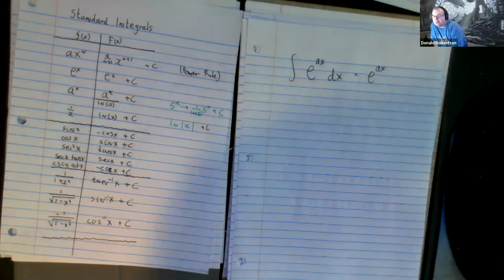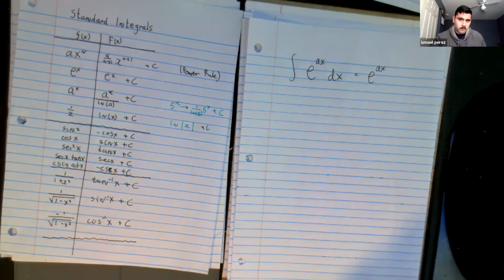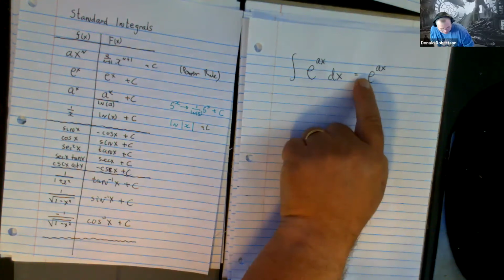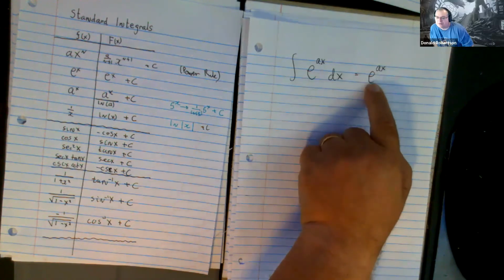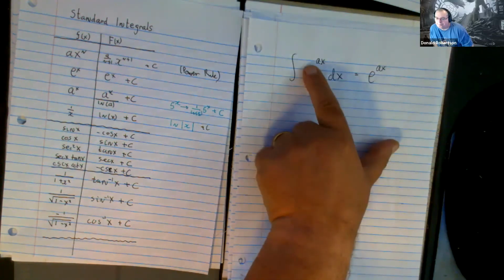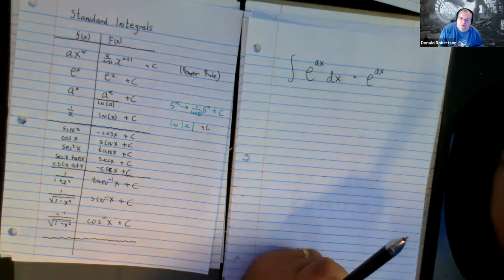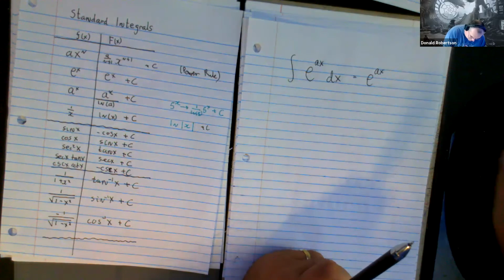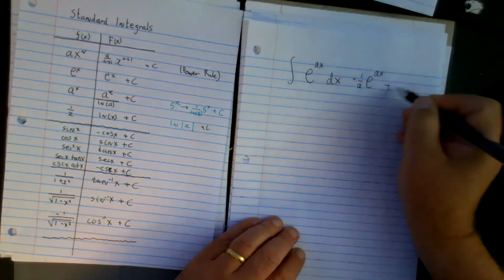What fraction do you multiply this time? One. One? Something else? What fraction do you multiply this answer by? Last chance? A. Yeah, 1 over a.